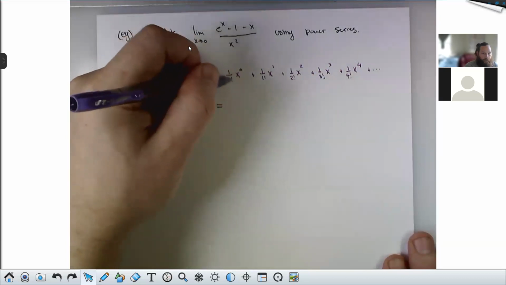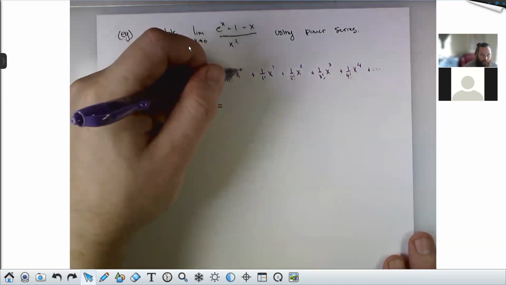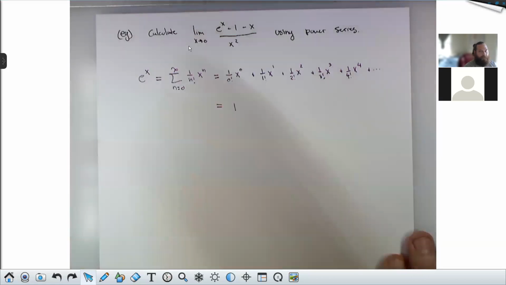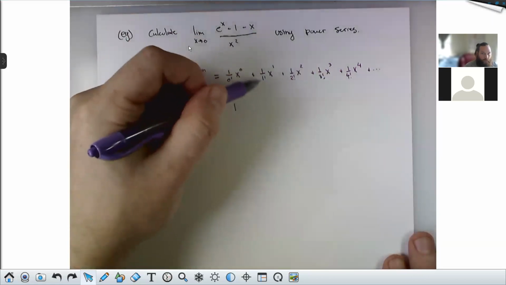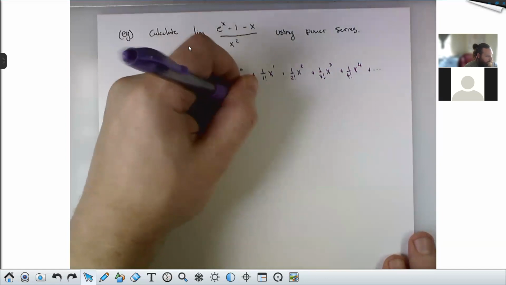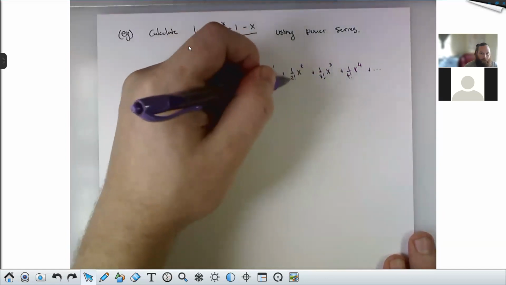0 factorial is 1. So this is 1 over 1 times x to the 0. x to the 0 is also 1. So this first term is just 1. 1 factorial is 1. So this is 1 over 1 times x to the 1, which is just x. 2 factorial is 2 times 1, which is 2.